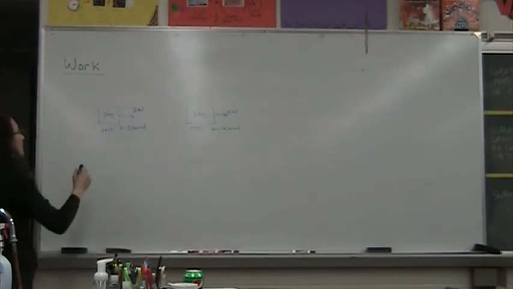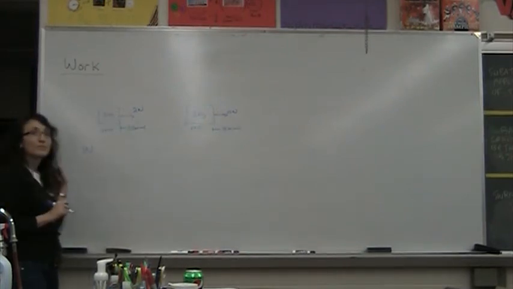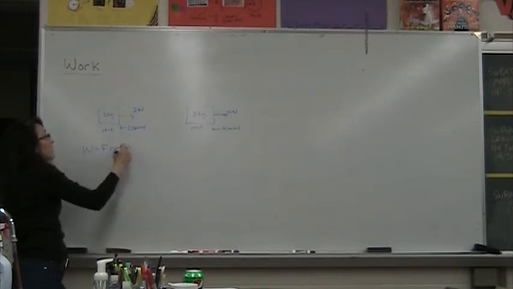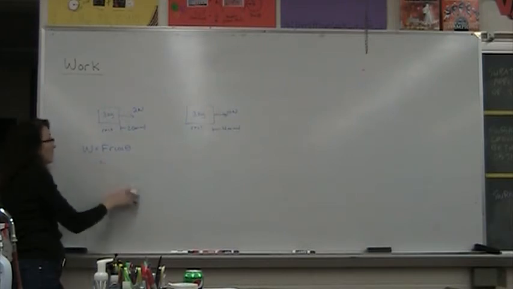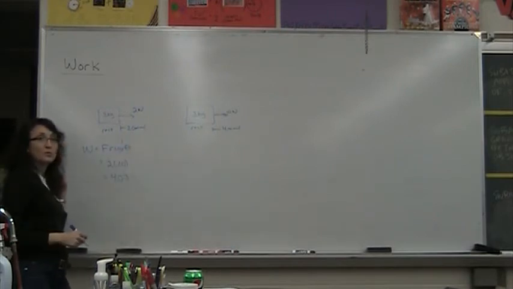How much work would be done in this case by this 2 Newton force? It's a constant force. So for the work, we could go back to just F d cosine theta because it's constant. So work is going to be 2 times 20, that would be 1, so we'd get 40 joules. And how much does that do?